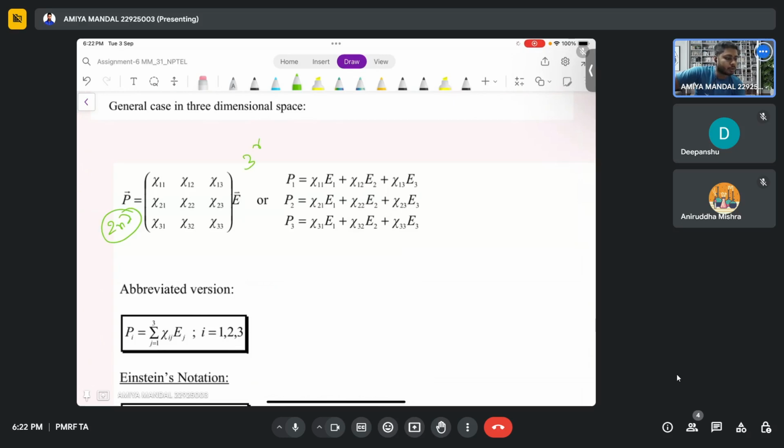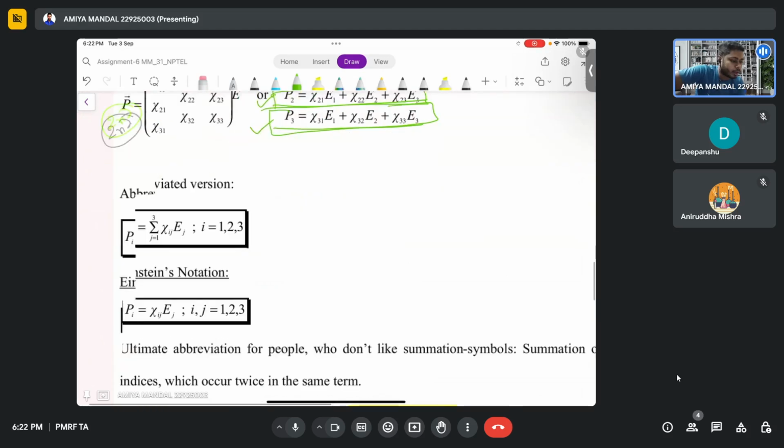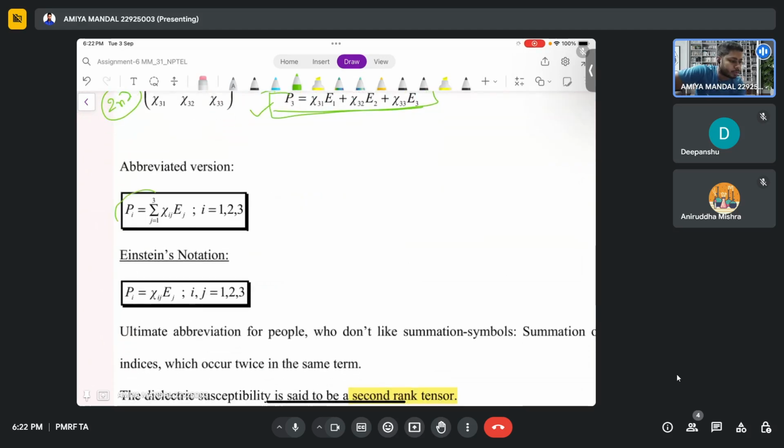So 3 to the power 2 means 9 components should be there. And we can see that their matrix form can be dissolved into each of these forms. And this is the abbreviation where j lies from 1 to 3.